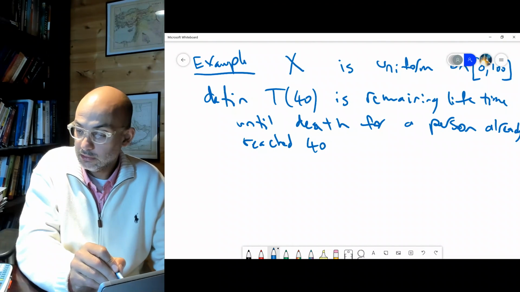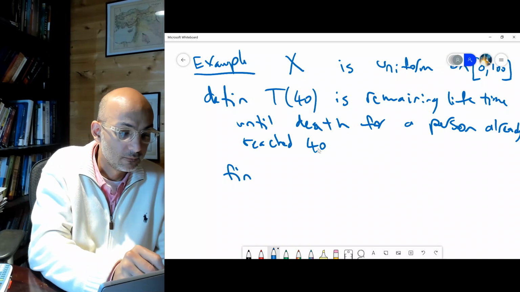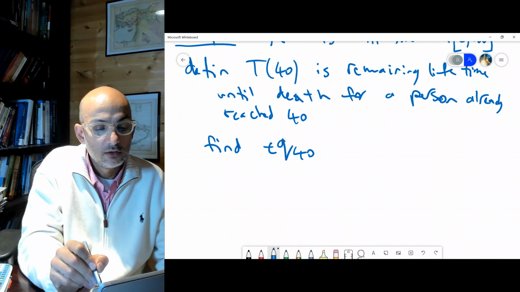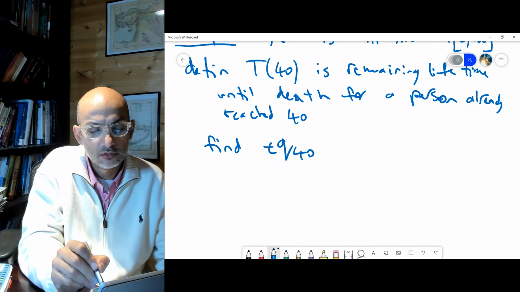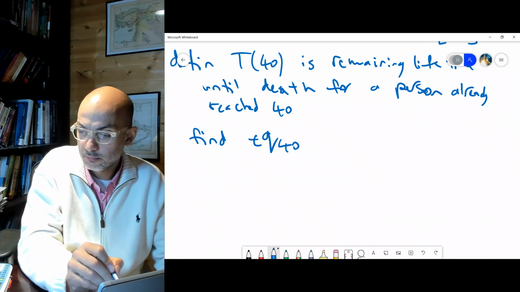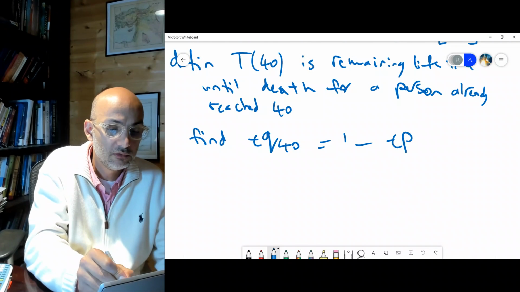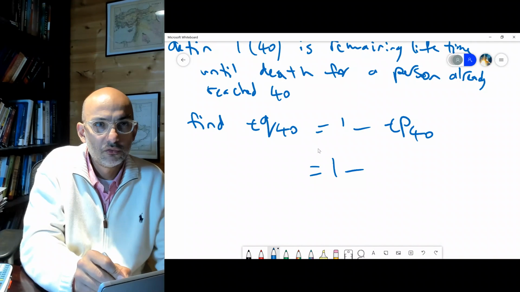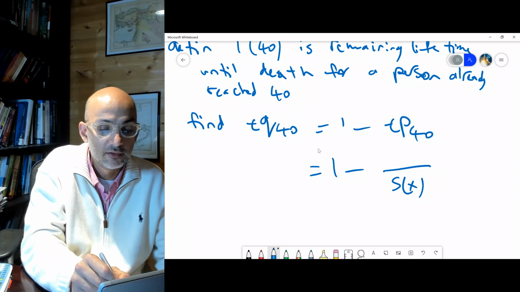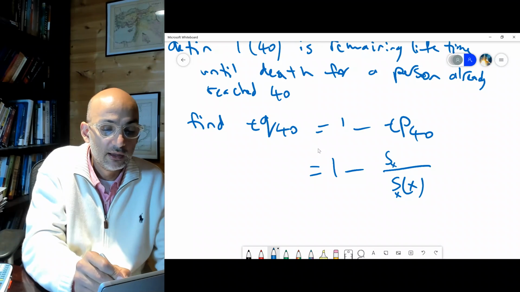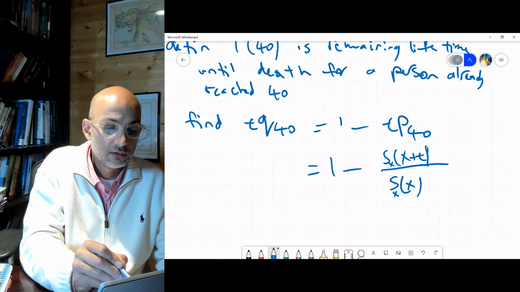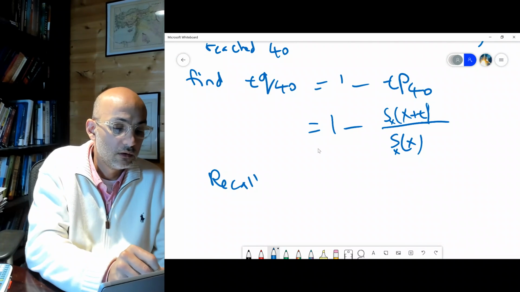The question is to find TQ40. There are several ways to do it, but the easiest way is to remember that it's 1 minus TP40, which is 1 minus s of x plus t over s of x.